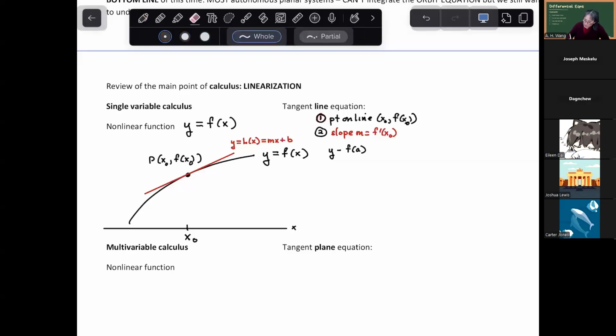Okay, so y minus y1 equals m times x minus x1, right?